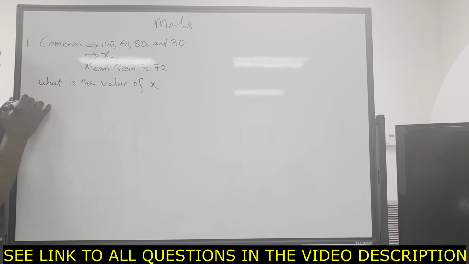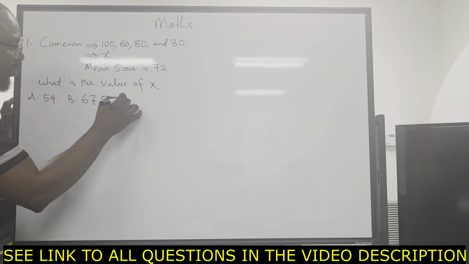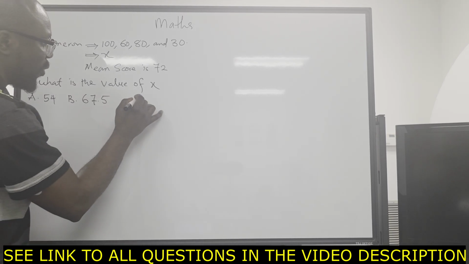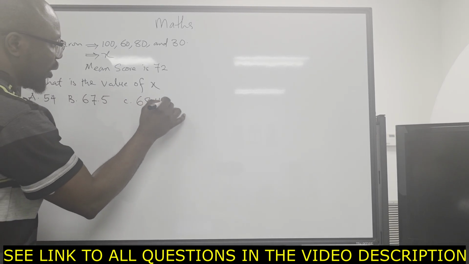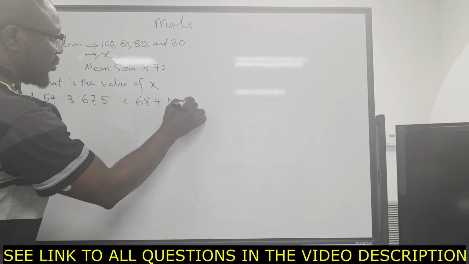So they gave us options. Option A is 54. Option B is 67.5. Option C is 68.4. And option D is 90.